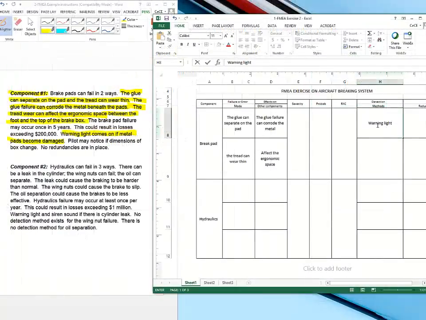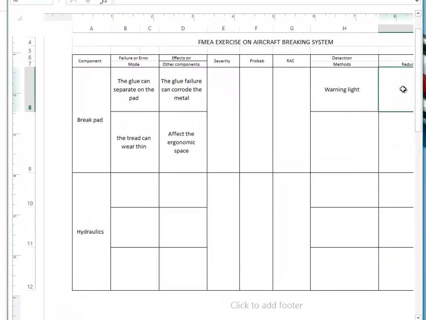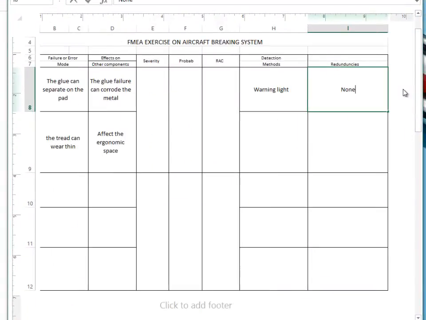Now, redundancy means, do we have another thing to do if this happens? And we don't have a redundancy, so we have none here. We have no backup. If this happens, we just have a warning light saying that it's going to happen. And obviously, you can see that might be a little bit of a problem.